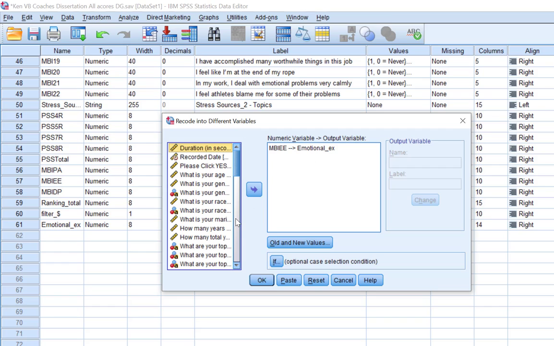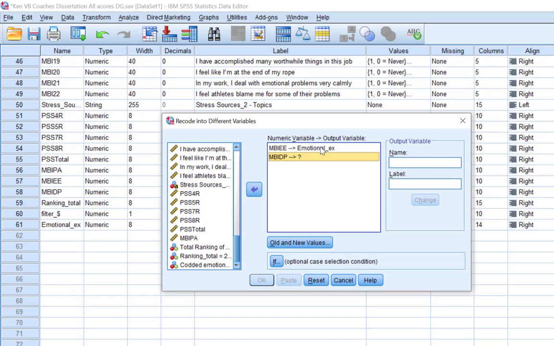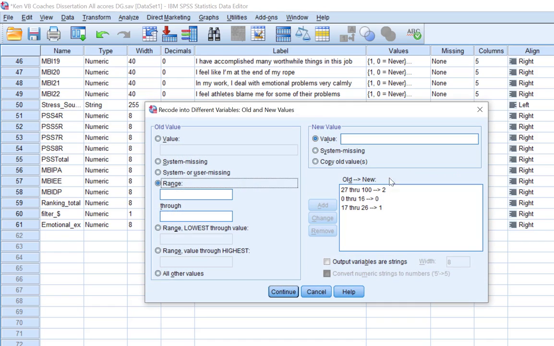So DP for depersonalization. Nice. DP, MBI DP. Low is less than 6. Depersonalization. Less than 6? Yeah.